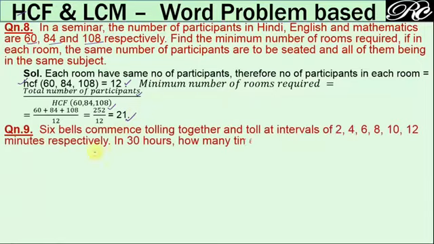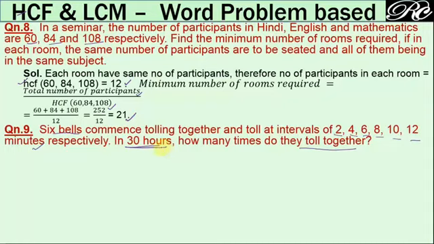The next question is, 6 bells commence tolling together and toll at intervals of 2, 4, 6, 8, 10 and 12 minutes respectively. In 30 minutes, how many times do they toll together? So here we observe that a bigger time is given.